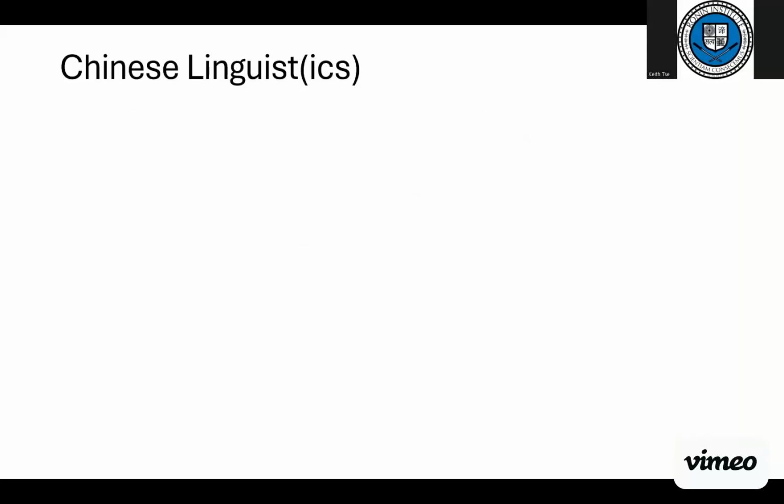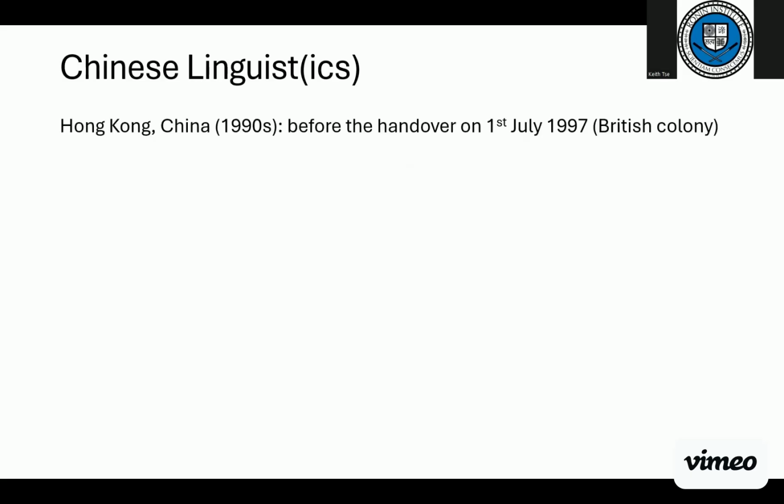All right. Now, first of all, a bit of background on myself. So, I work on Chinese linguistics, and that's because I'm Chinese myself. I was born in Hong Kong. And I grew up in the 90s before the handover in 1997, when Hong Kong was still a British colony.